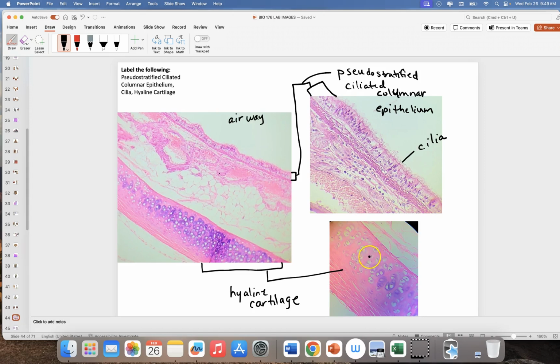Again, when you see those chondrocytes, you're looking at some sort of cartilage. Because we don't see the collagen, because it doesn't stain very well, that gives us a clue that we're looking at hyaline cartilage. This is also the trachea. We know hyaline cartilage is located in the trachea. That knowledge will help with our identification as well.